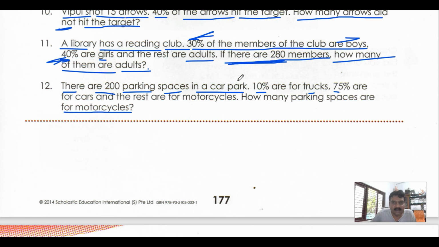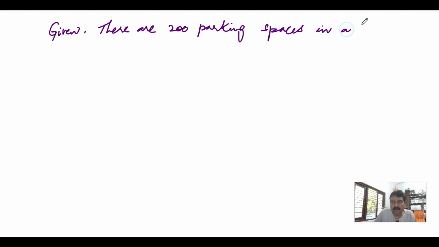We'll read again line by line and we'll write down the working so that you can understand what to do. There are 200 parking spaces in a car park, right? Given there are 200 in a car park.